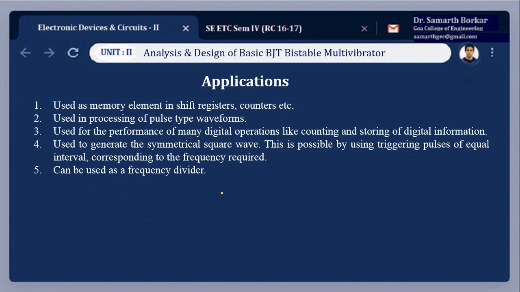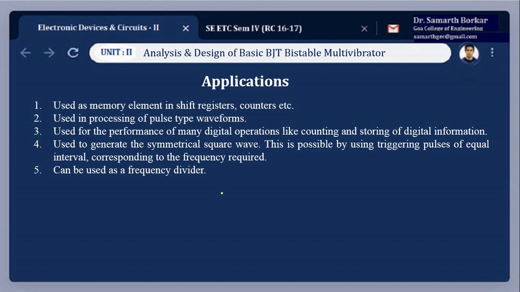Let us summarize the applications of the bistable multivibrator. It is referred to as a flip-flop, and flip-flops are basically used to store information. So it acts as a memory element in shift registers, counters, etc. It is used in processing of pulse type waveforms. By just controlling the timing of pulses, we can generate any kind of pulse waveform with a different t-on or duty cycle.